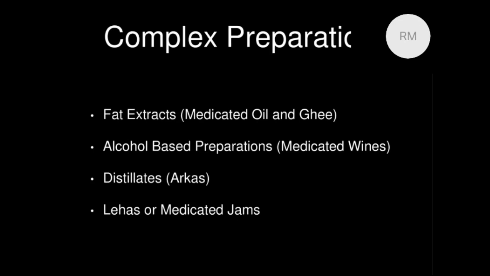And then we also have distillates, which are called arkas. And then the lehyas, or medicated jams. Out of these, we are going to discuss only three: fat extracts, alcohol-based preparations, and lehyas or medicated jams.